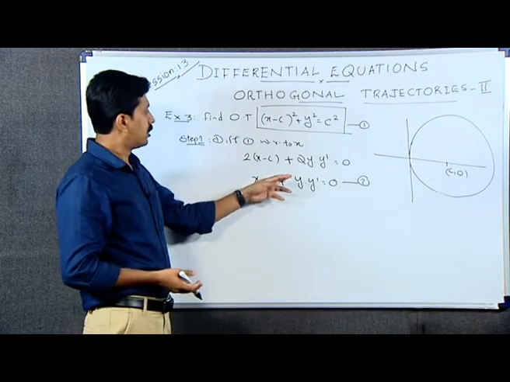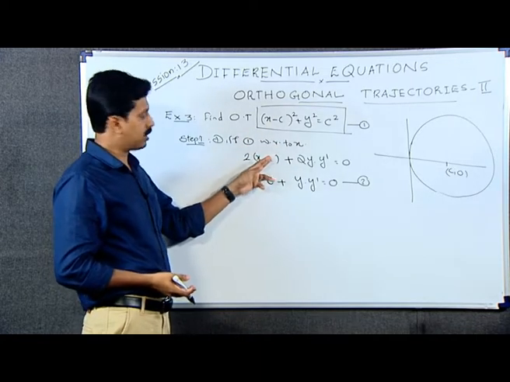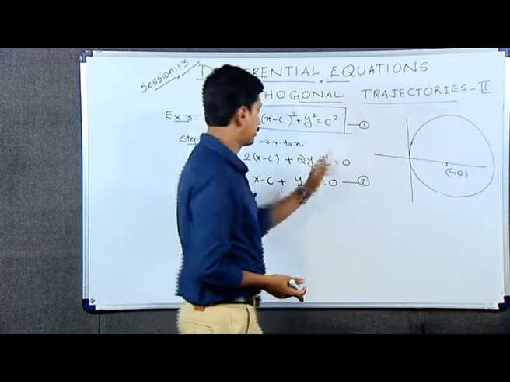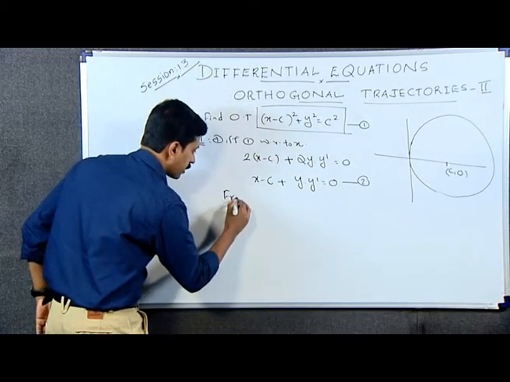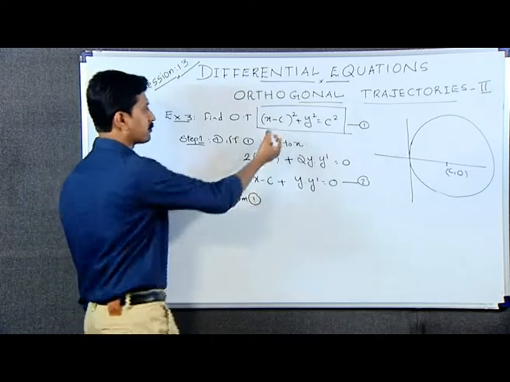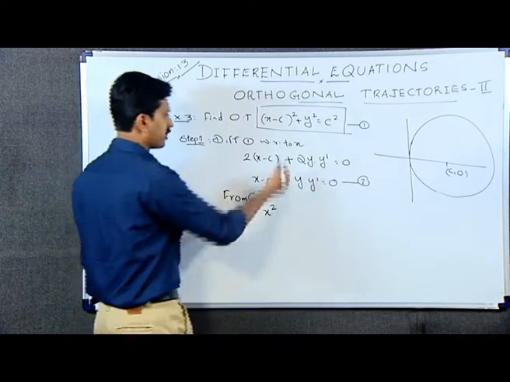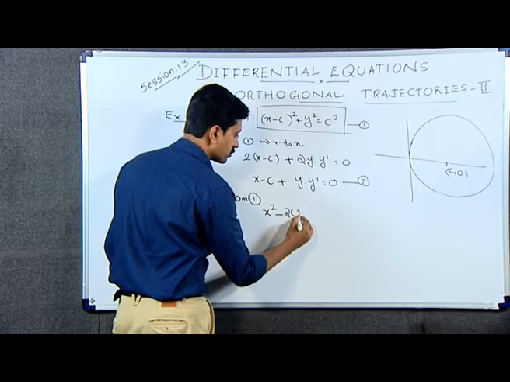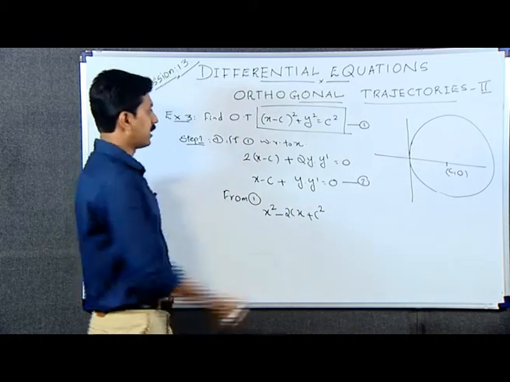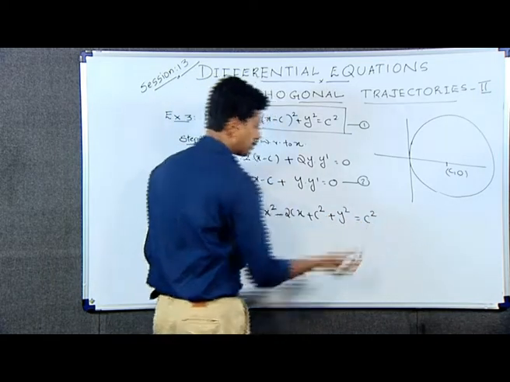From 1, we can find the value of c. Expanding (x minus c) whole square as (a minus b) whole square, we get x square minus 2cx plus c square plus y square equal to c square.